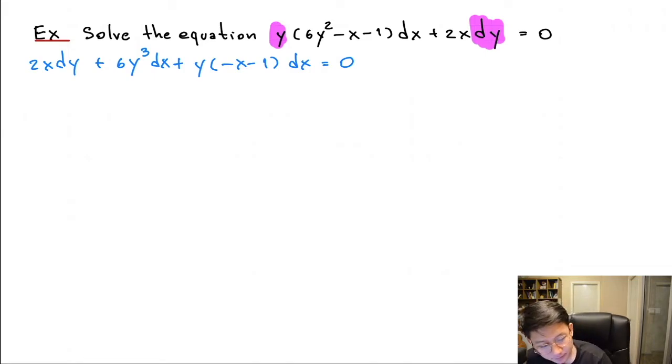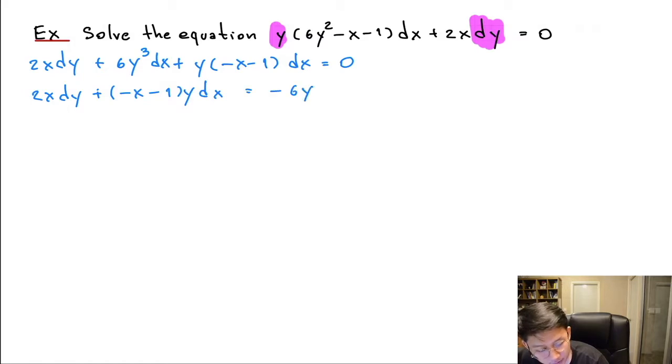After that, I have 2x dy plus minus x minus 1 y dx equals minus 6y cubed dx.